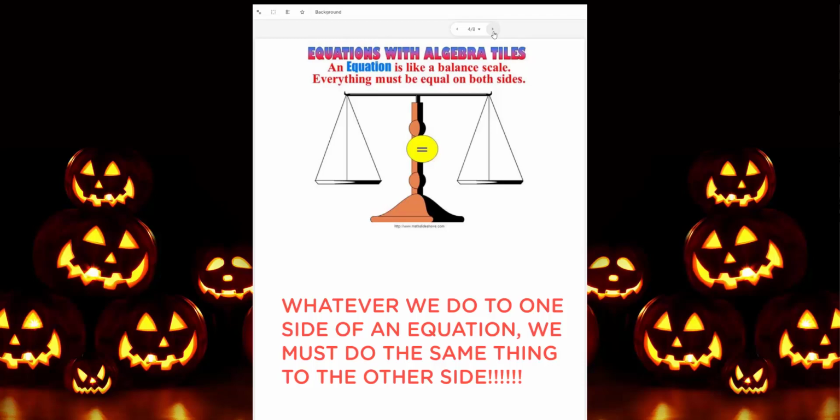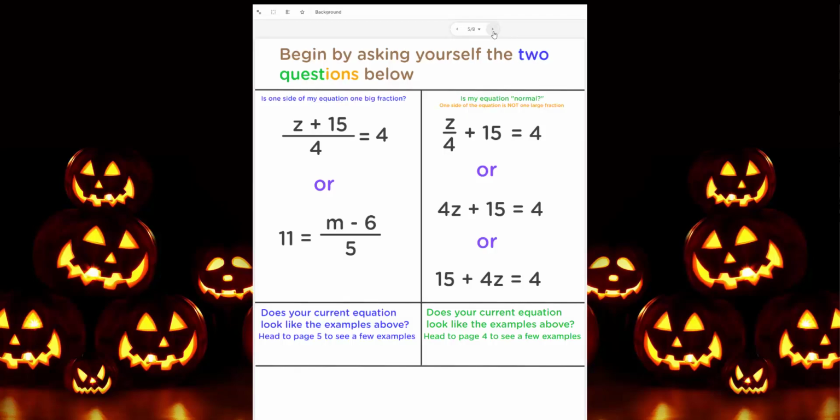Okay, so we are talking about equations, ladies and gentlemen. So what that means is we're going to be dealing with algebraic representations that have equal signs in them. Okay, that is the difference between an equation and an expression.